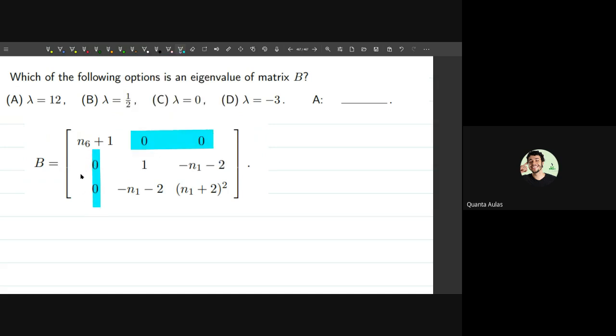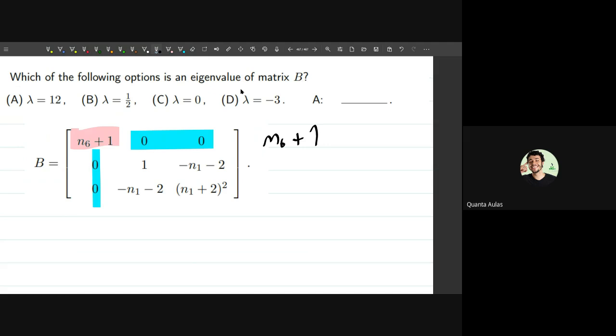So some things are easier to take here. When we have an upper triangular matrix, in the first line, this is the case, we know this is the eigenvalue. I don't need to do any calculation. I just know because of the structure of this matrix. This is an eigenvalue.